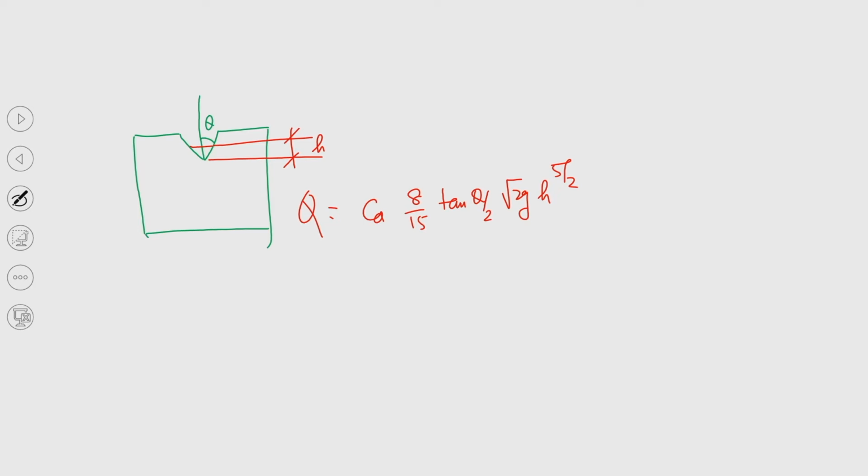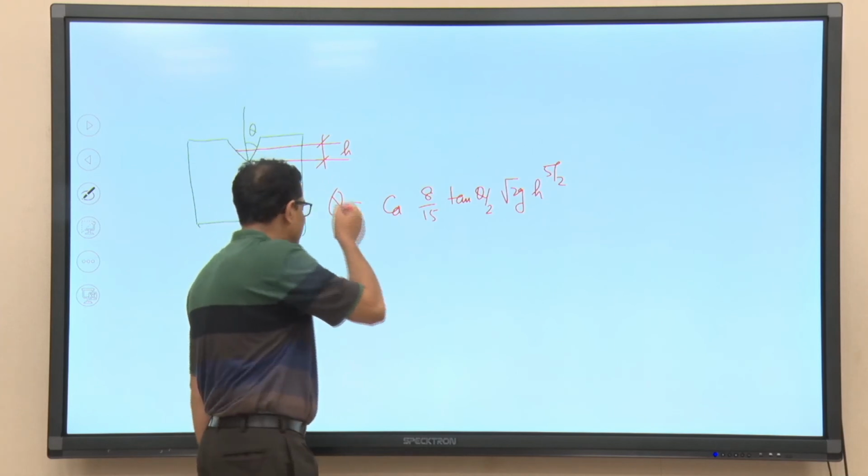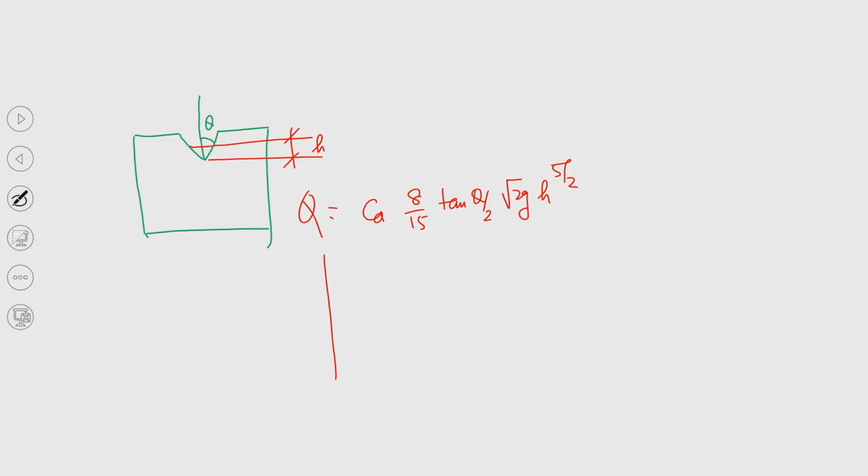In fact, we do not even require to always allow the liquid to pass through. What we can do is prepare a chart, that is H versus Q, like this. We know that if we allow this much amount of liquid, the height will be this. So, basically from that we can prepare a chart.